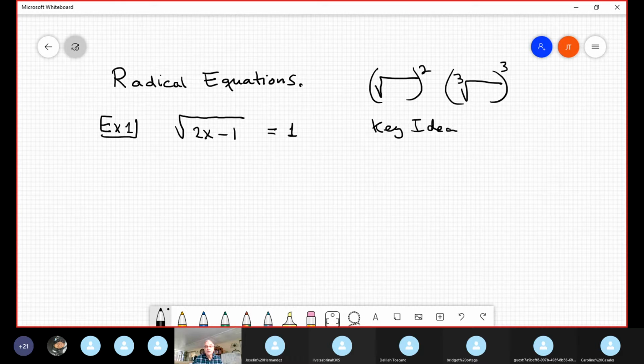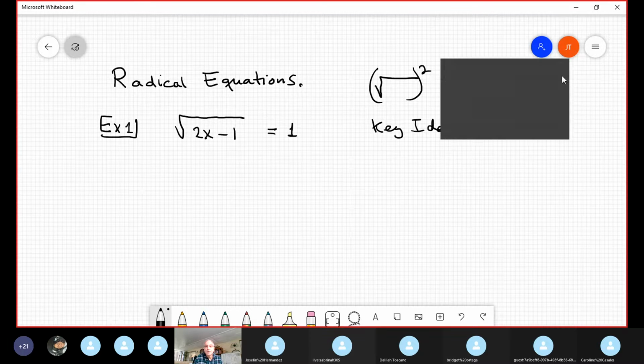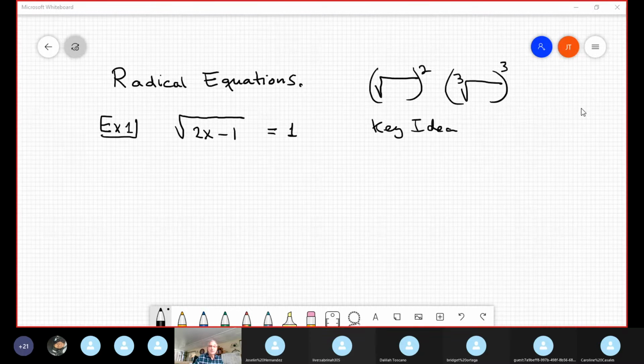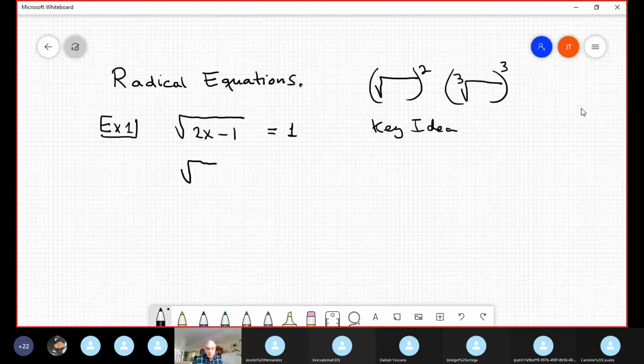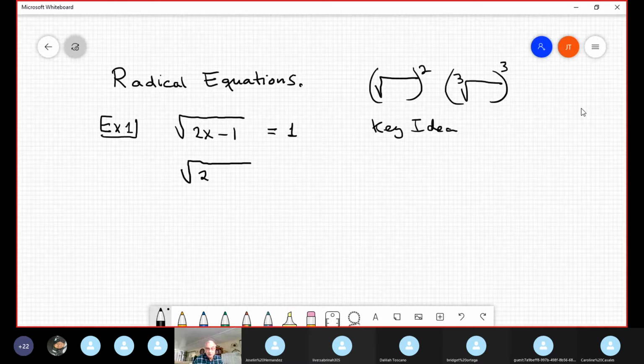When this happens, a square root and a square cancel out each other, and a cubic root and a cubic power cancel out each other. This is the key idea. I want to copy again the equation. Now you square both sides.